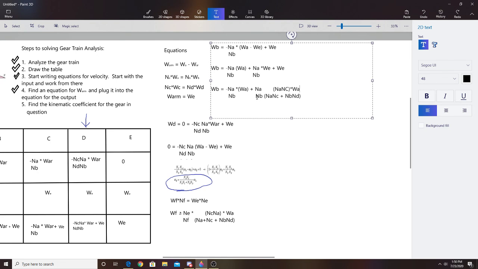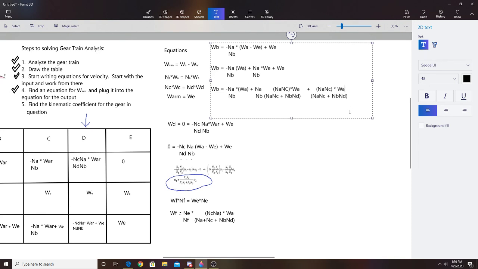So NA over NB times this is what WE is equal to. Then it is plus the exact same thing, which is NA NC over NA NC plus NB ND times WA. Okay, wow. That is quite a bit.